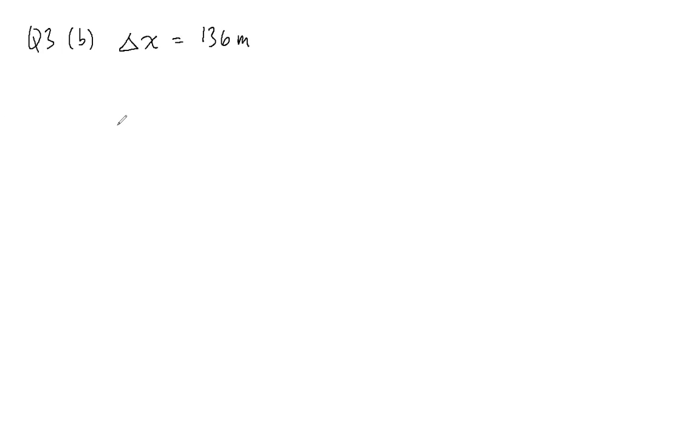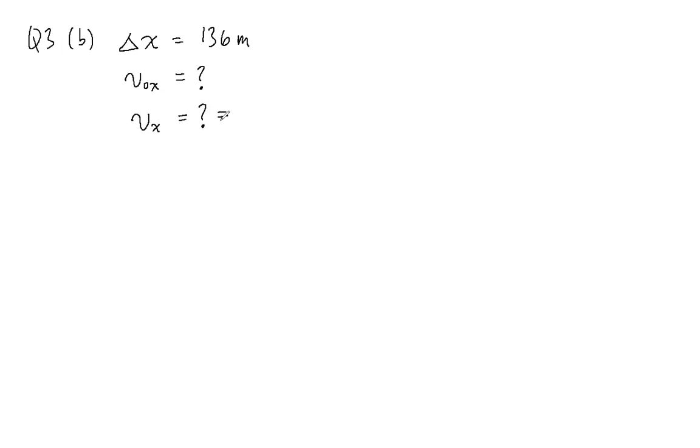And the initial speed along x is something that we don't know yet. We have to figure that out. And the final speed along x is also something that we don't know yet.